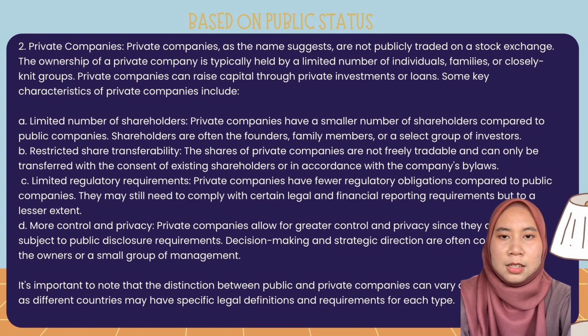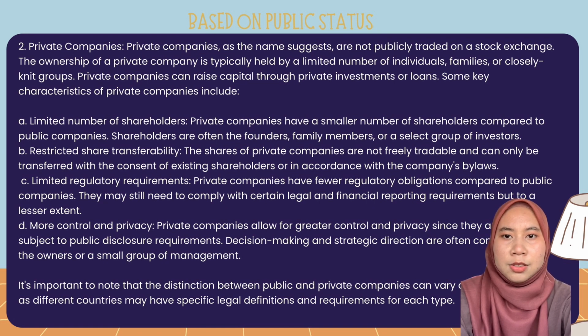Some key characteristics of private companies include limited number of shareholders, restricted share transferability, limited regulatory requirements, more control and privacy. It's important to note that the distinction between public and private companies can vary across jurisdictions, as different countries may have specific legal definitions and requirements for each type.